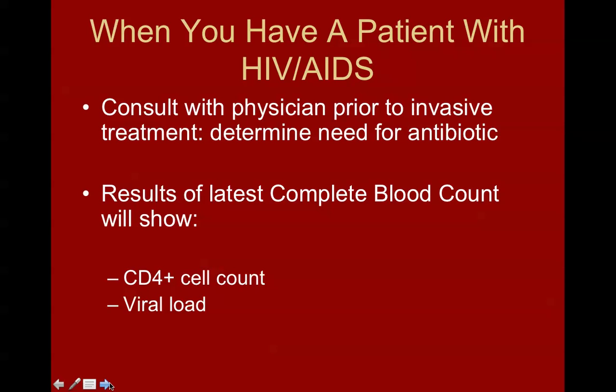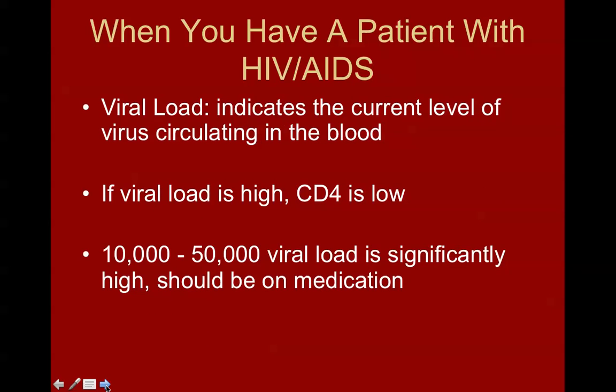Our one patient that comes to mind, his doctor does send his paperwork, and he is below 200 CD4, and his viral load is, I want to say, a couple hundred thousand. It's way up there, so he is progressing in his AIDS status.